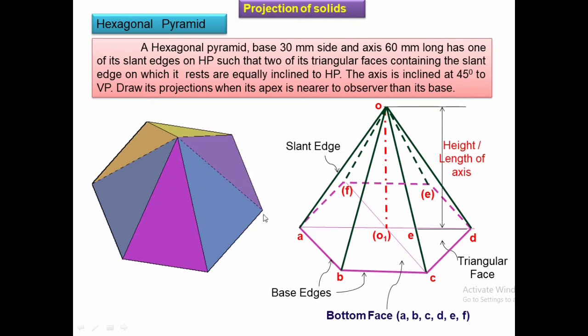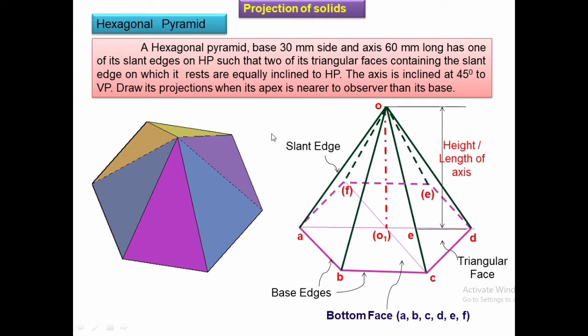In this, one of the slant edges, say DO as an example, these two triangular faces will automatically, once I make it lie on the ground, that is on HP, be equally inclined to HP, which has got the base edges like this. I have named it.